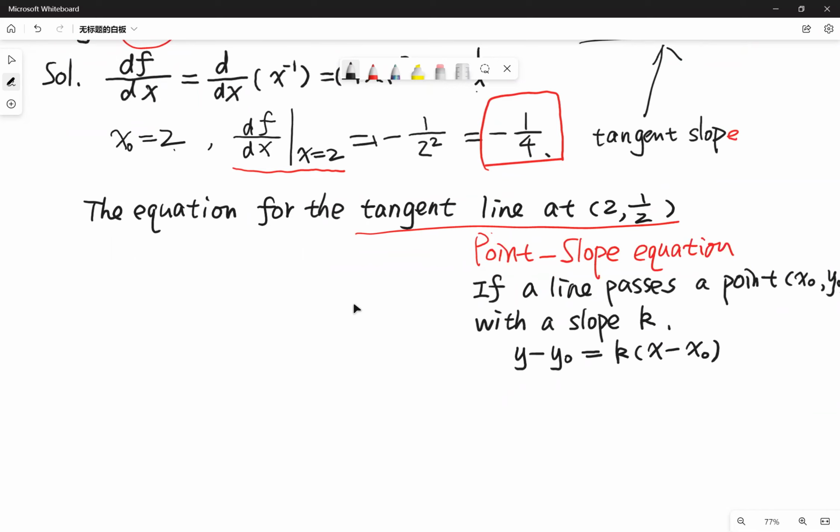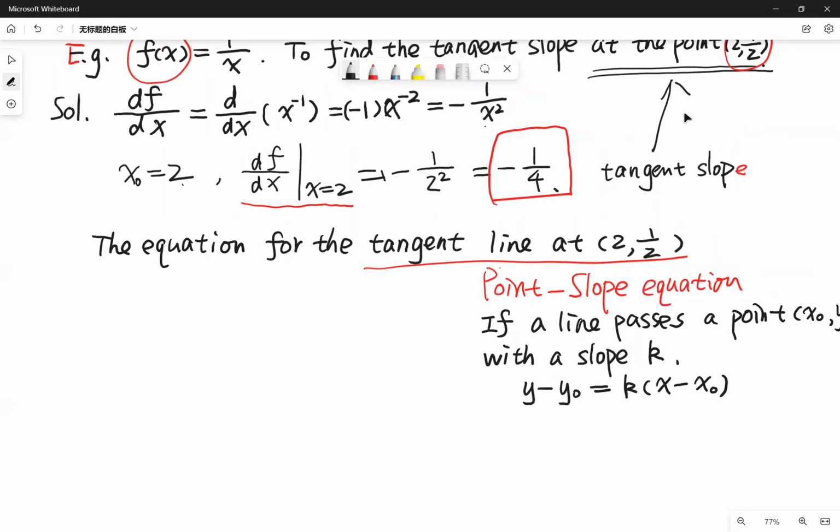Then we can use this formula to get the equation for the tangent line in this example. Here we have the slope, which is -1/4, and we have this point (2, 1/2).